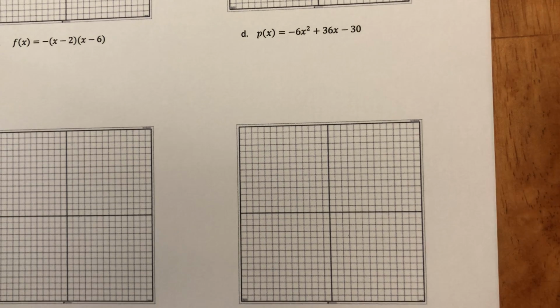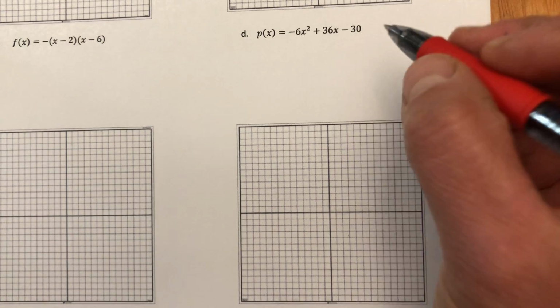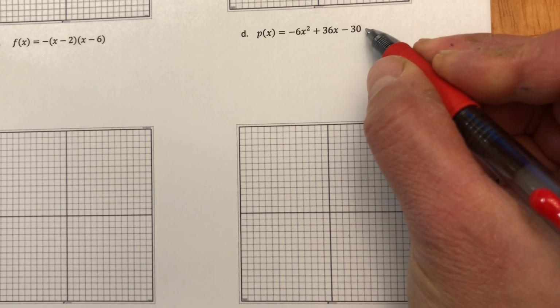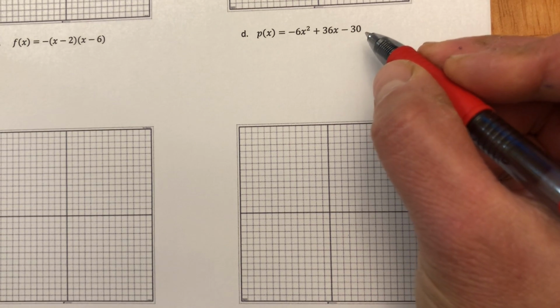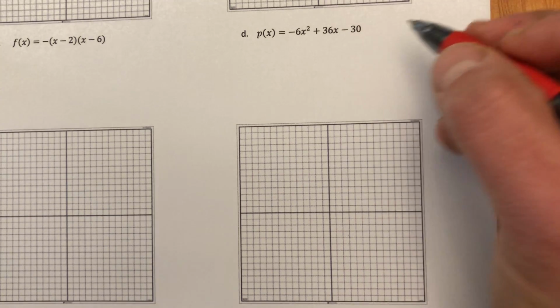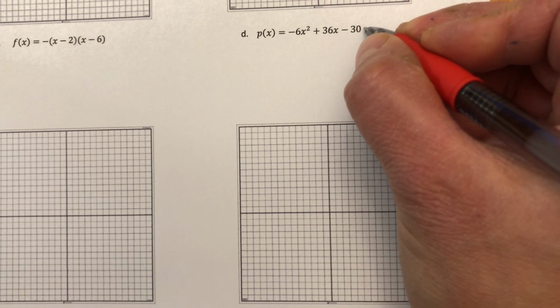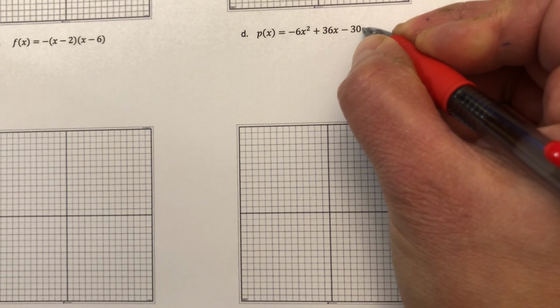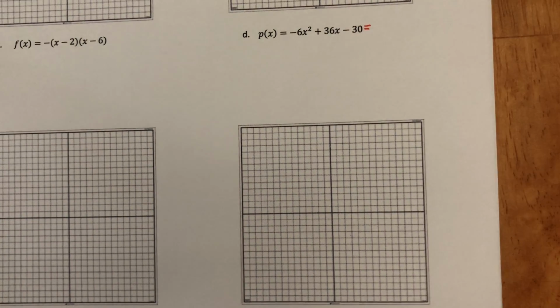So what I want to do is graph the following function and identify key features of the graph. This equation is not in a factored form. You will see some of them are going to be, some of them are not. Because it's not, we need to factor it first. But what I do see is that there's a greatest common factor.